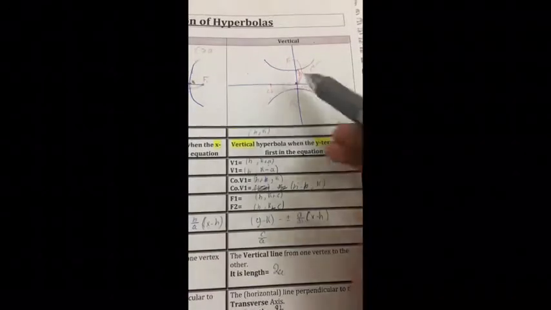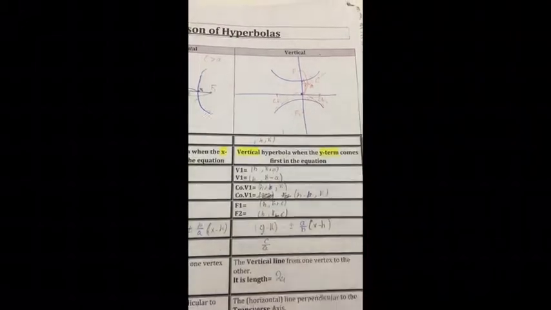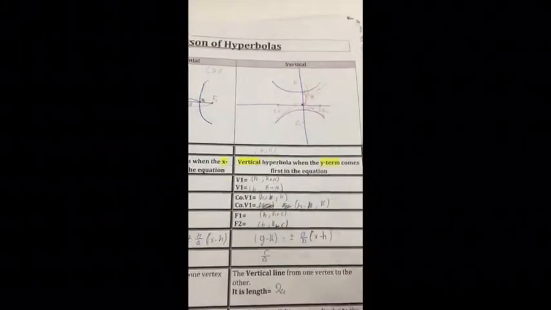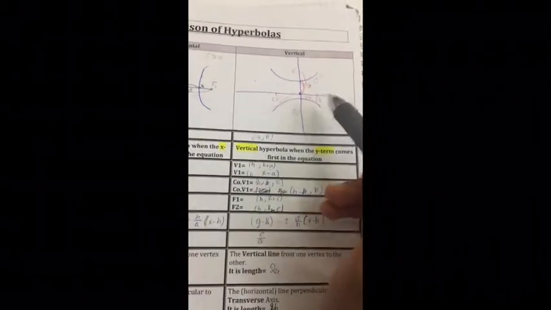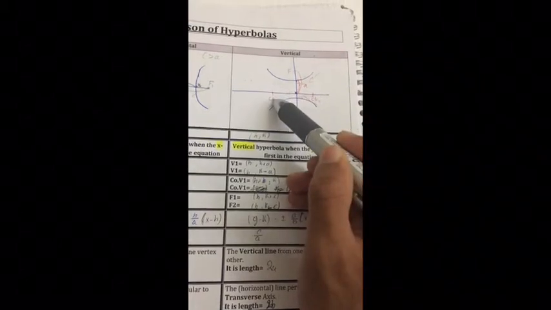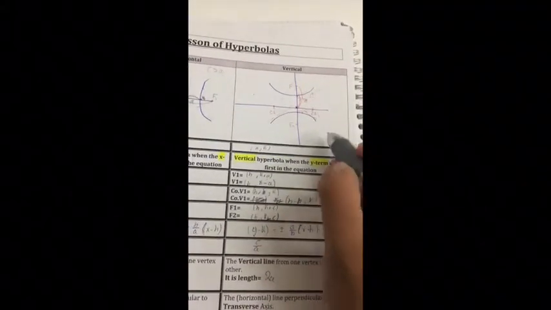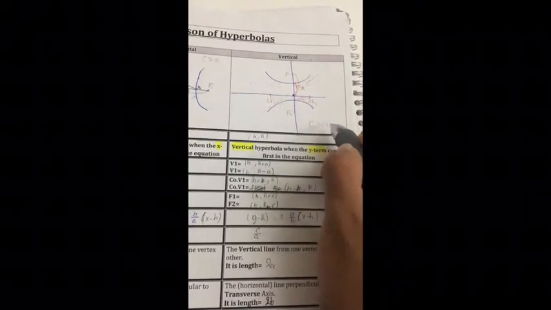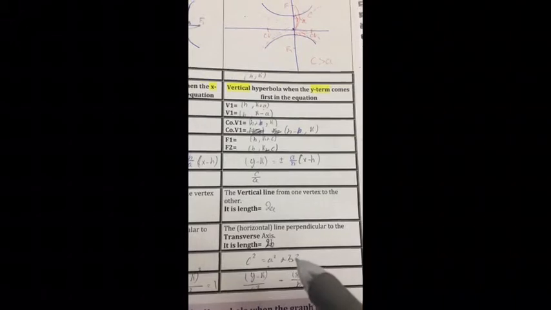Here the transverse axis is the distance between V1 and V2, same as the horizontal hyperbola. And the conjugate axis is the distance between CV1 and CV2, which is perpendicular to the transverse axis. Here c is still greater than a, so the Pythagorean theorem is c squared equals a squared plus b squared.